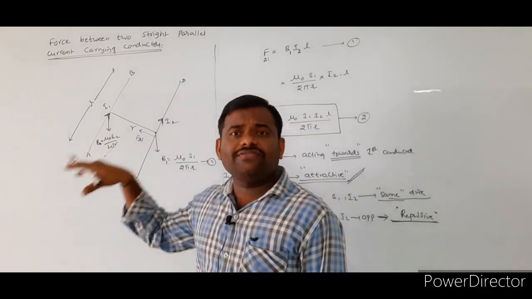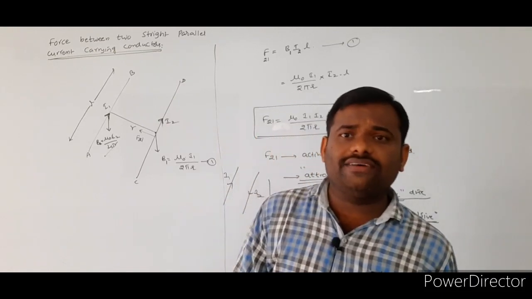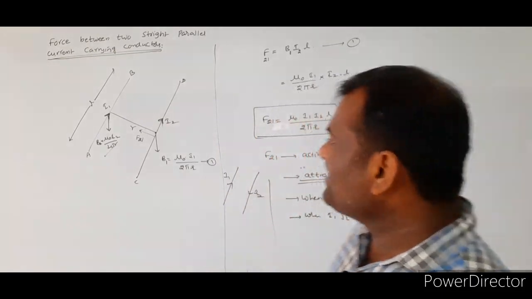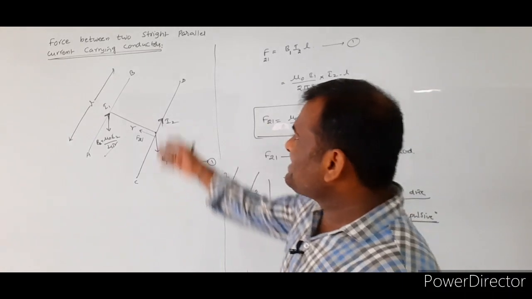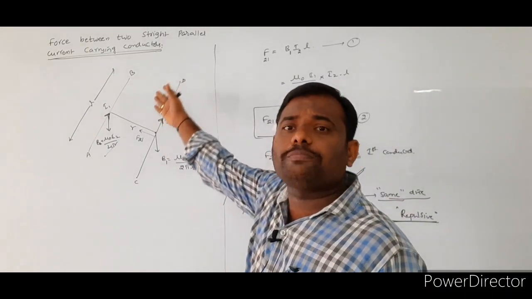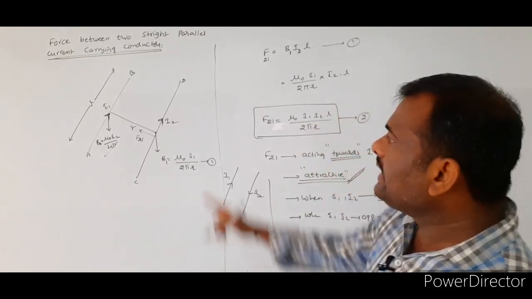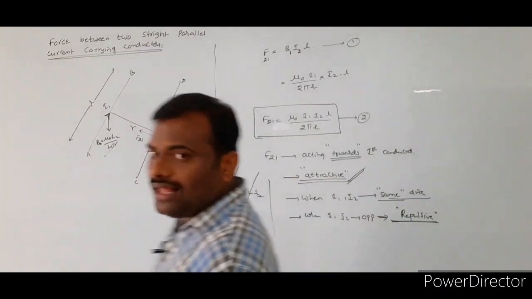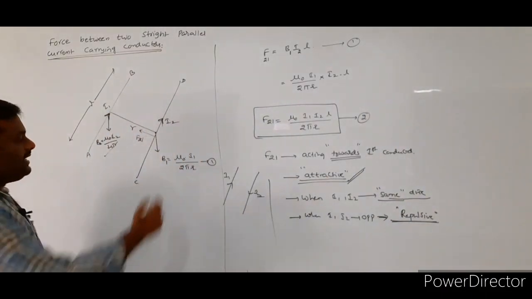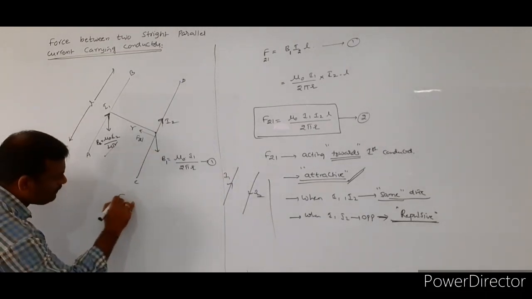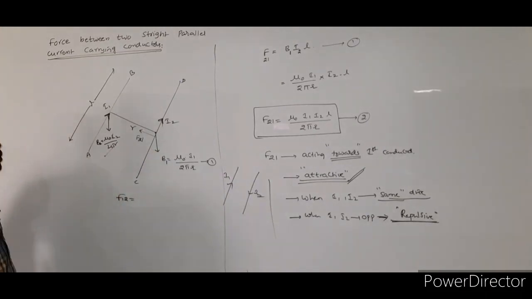Now, in the field which is produced by the second current carrying conductor, if you place the first current carrying conductor, it also experiences the same force which is represented by F12.